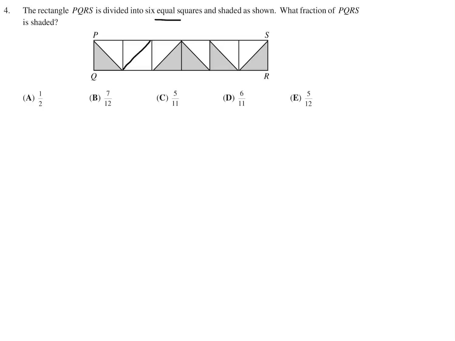So we have to then just count the shaded triangles, 1, 2, 3, 4, 5, and divide by the total number of triangles, which is 1, 2, 3, 4, 5, 6, 7, 8, 9, 10, 11, 12. So 5 over 12 is the fraction of PQRS that is shaded. So that would be E.